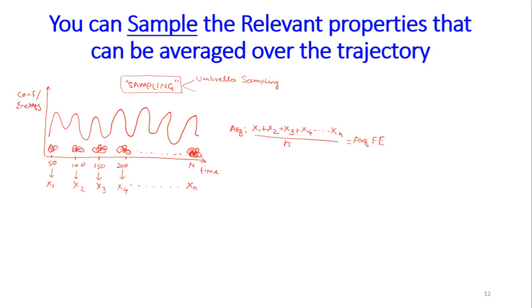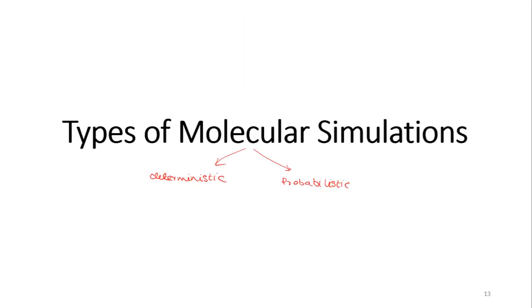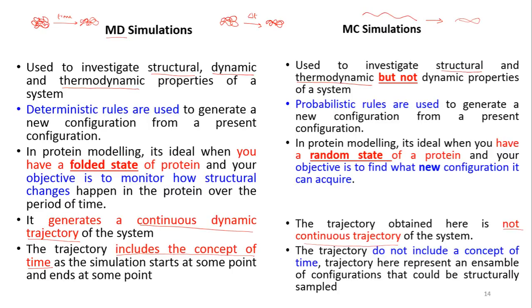Then I have tried to classify molecular simulations into two broad categories: deterministic based simulation and probabilistic based simulation. Deterministic based simulations are molecular dynamics simulations and probabilistic based simulations are Monte Carlo simulations, right?